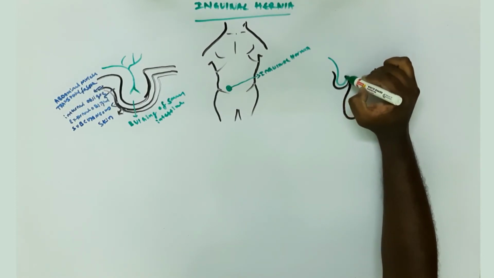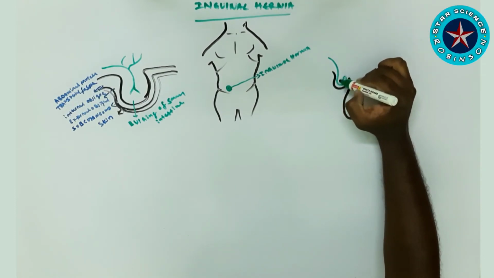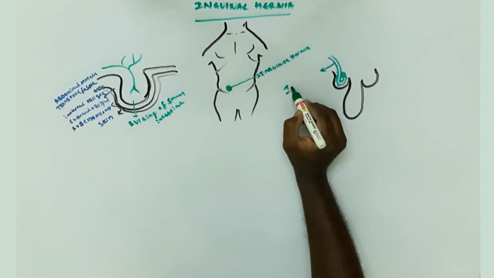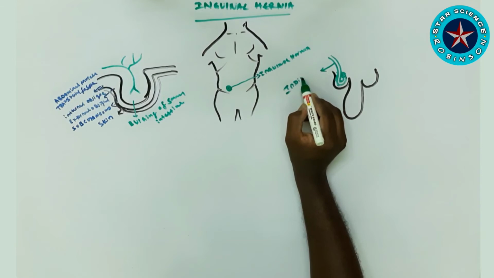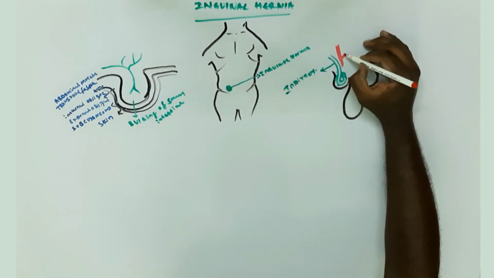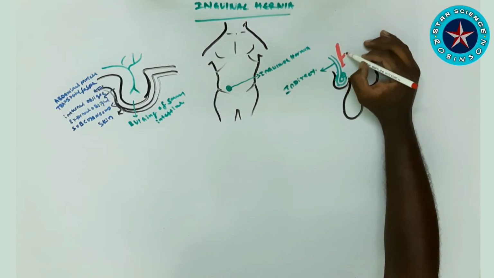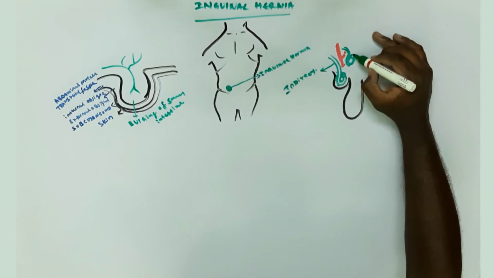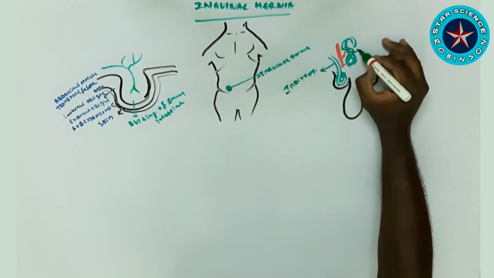Now we are seeing the place where the indirect and direct hernia will protrude. This is an indirect hernia. Indirect inguinal hernia occurs due to weakness of the abdominal wall. The hernial sac protrudes through the internal inguinal ring into the inguinal canal and often descends into the scrotum.